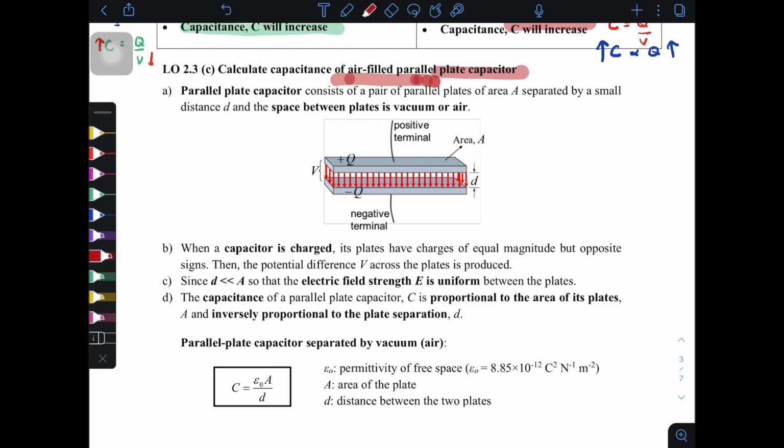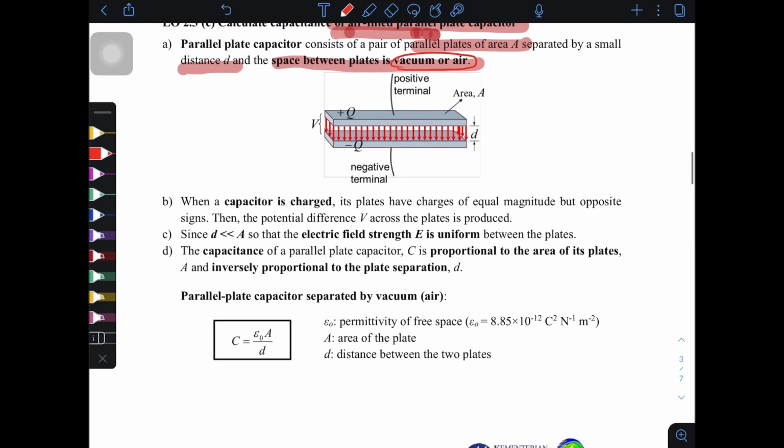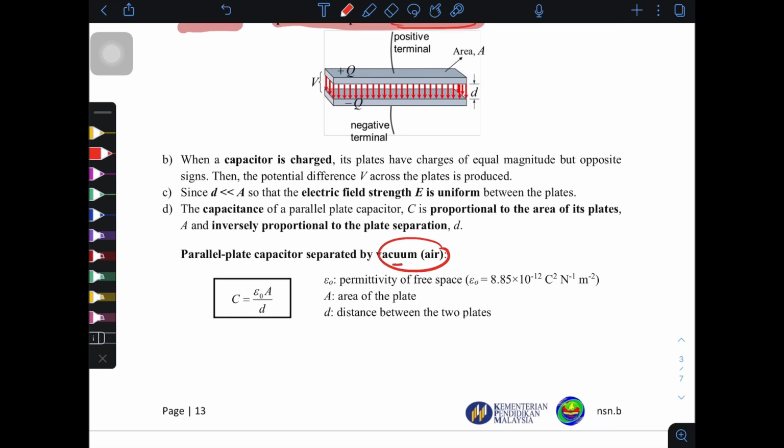So air-filled capacitor. So kalau air consists of parallel plates, air separated by a small distance d, and the space between plate is vacuum or air. So kalau dia vacuum ataupun air, di tengah-tengahnya, formula yang kita gunakan ialah C equals to epsilon naught A over D. Dan kalau air ataupun vacuum, kita terus guna epsilon naught 8.85 exponent negatif 12.